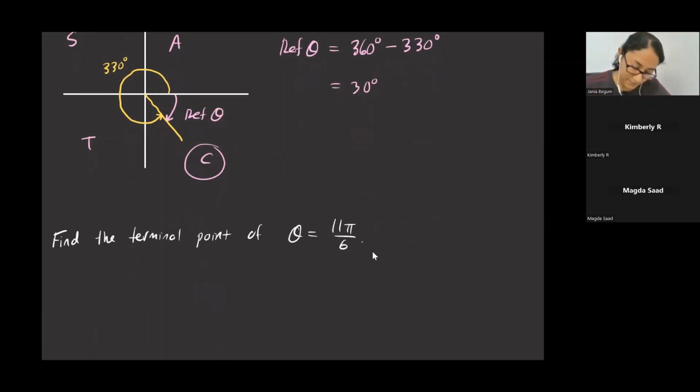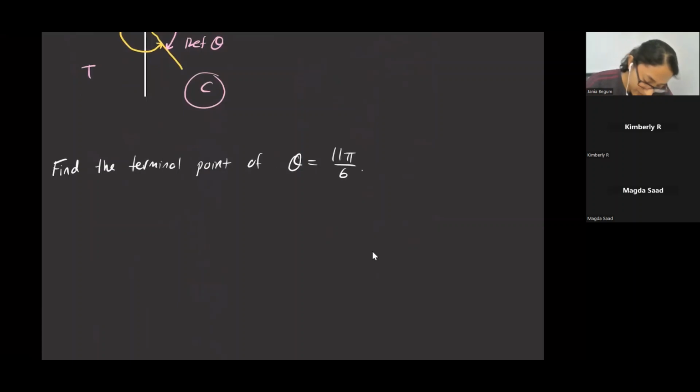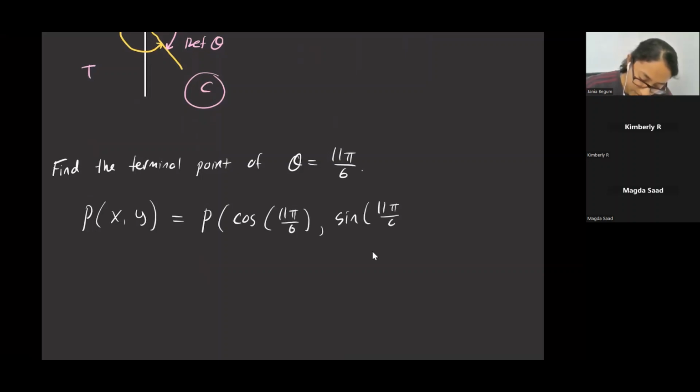For the terminal point, we want the x coordinate and the y coordinate. And x is represented by cosine. So we're looking for cosine of 11 pi over 6 and sine of 11 pi over 6.